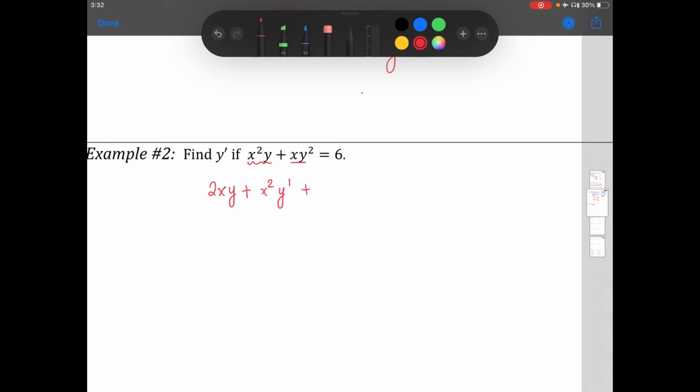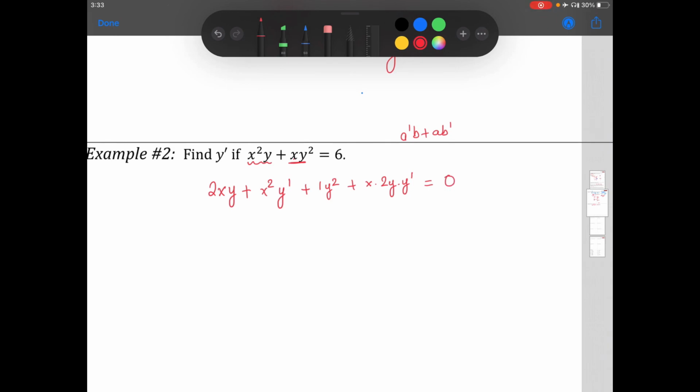Plus, again, here also we're going to use the product rule. I'll just write down the product rule, a prime b plus ab prime. So it's going to be 1y squared plus x times 2y y prime, right? Equals derivative of a constant, which is just 0.